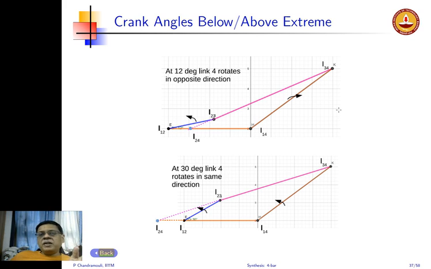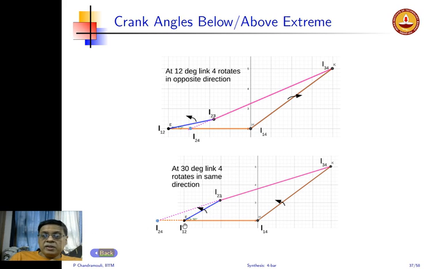So the angular velocity of 4 will be opposite to that of 2. If 2 is rotating anti-clockwise, link 4 is rotating clockwise. When I go to 30 degrees, I12 and I14 happen to be on the same side of I24, and therefore the angular velocity directions will be the same.